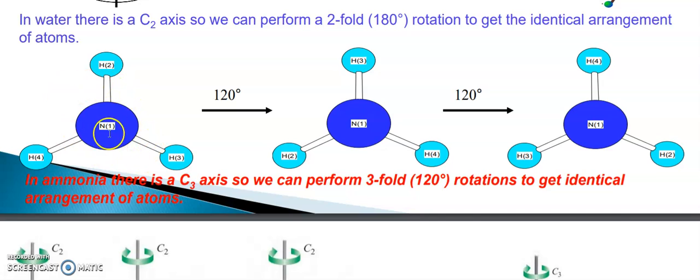In that case, you can see the ammonia, N, H1, H2, H3. In ammonia, there is a C3 axis, so we can perform a three-fold 120 degree rotation to get an identical arrangement of atoms. After 120 degrees, and after 120 degrees further rotated, you will get this structure.